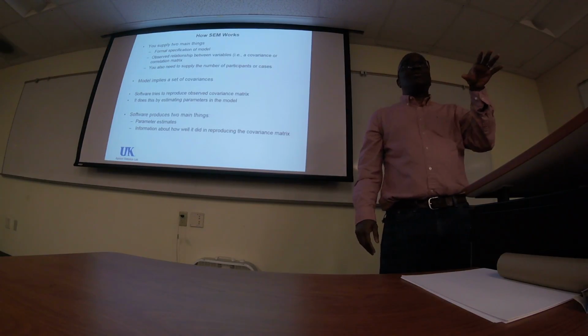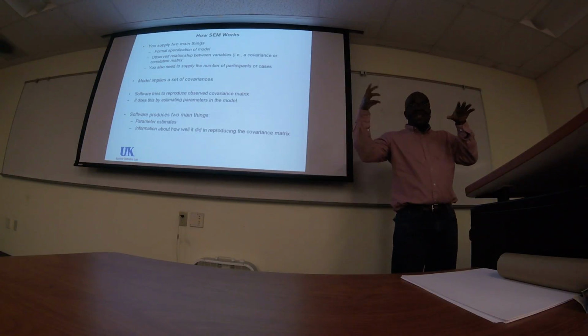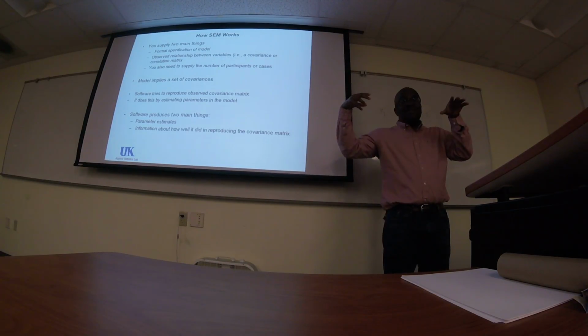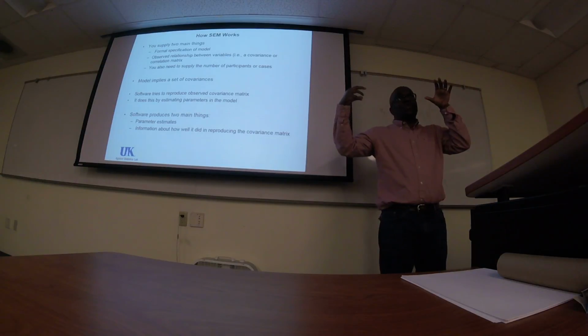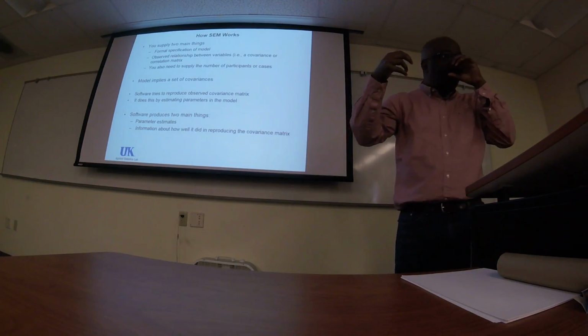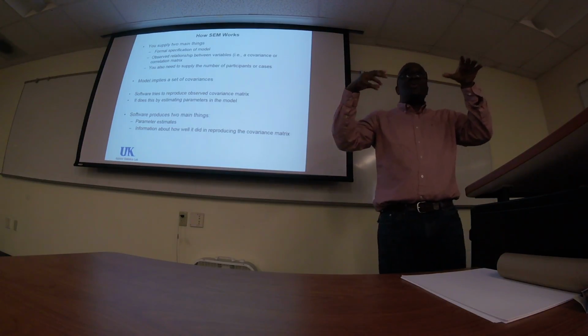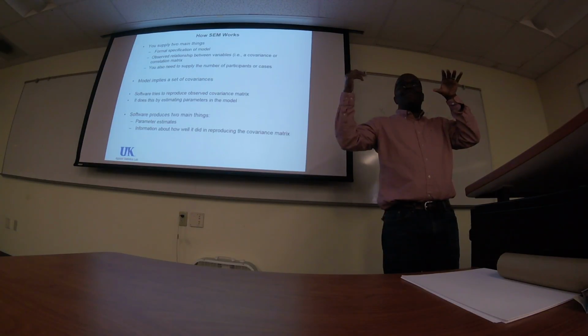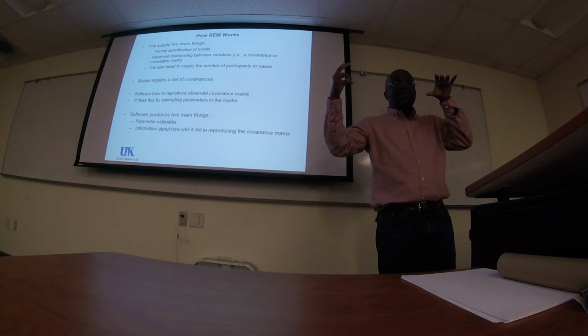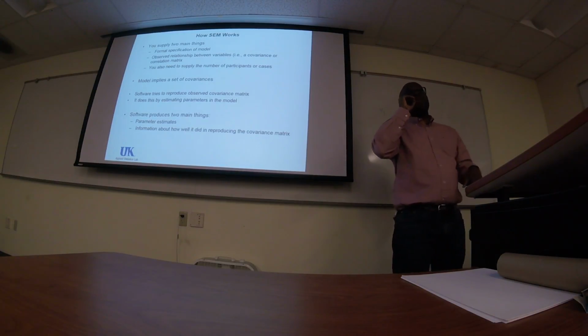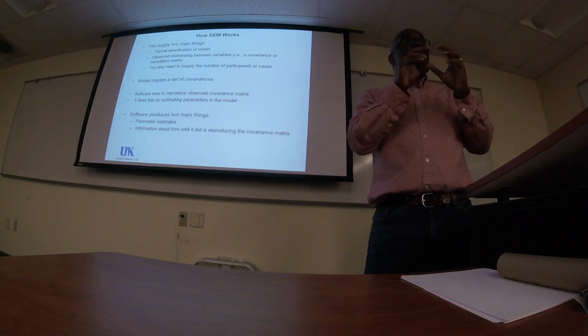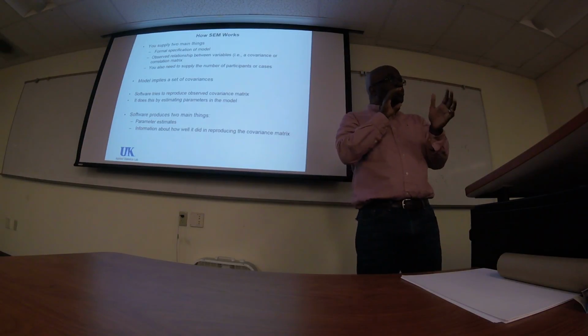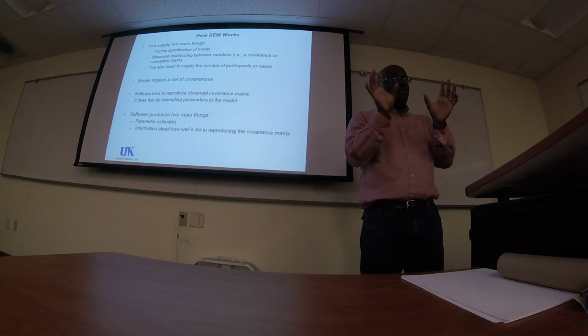Then you have to estimate alternative models in order to be able to show your reader, your reviewer, why you decided this is the final model, the best model. That's one implication because we're working with correlation.